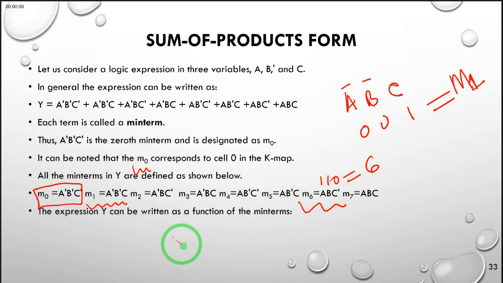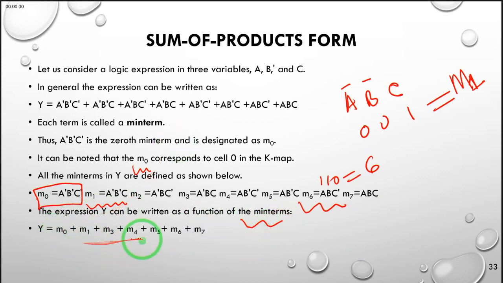So the expression Y can then be written as a function of minterms, and we normally say that Y is equal to m0 plus m1, where the plus is the OR operation, like we already noted.